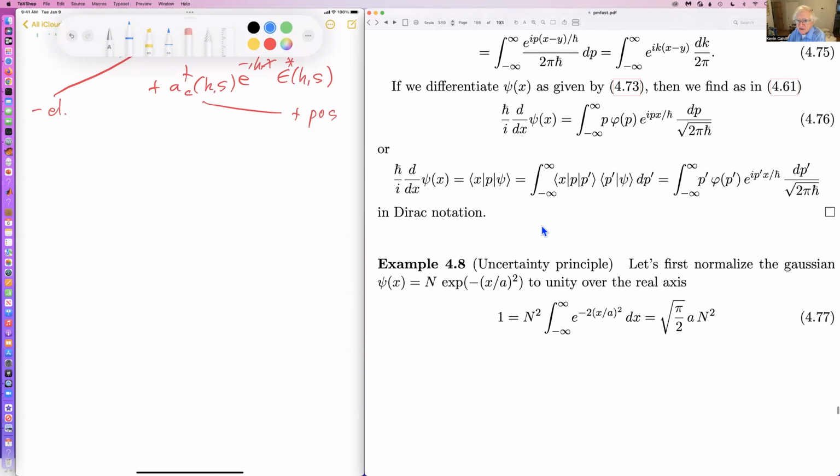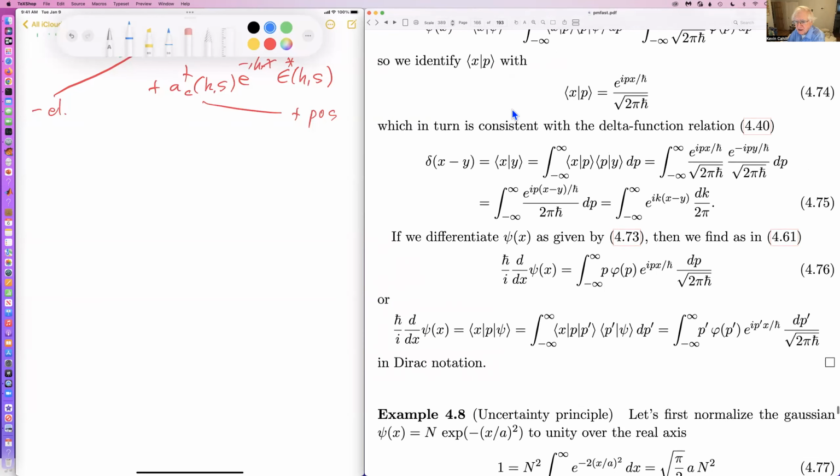And if we differentiate, well, h bar over i is just p, and so what we've derived is this famous thing in quantum mechanics that might seem strange to people initially, namely that the momentum operator is represented by h bar over i d by dx. And in Dirac notation, that looks like this.